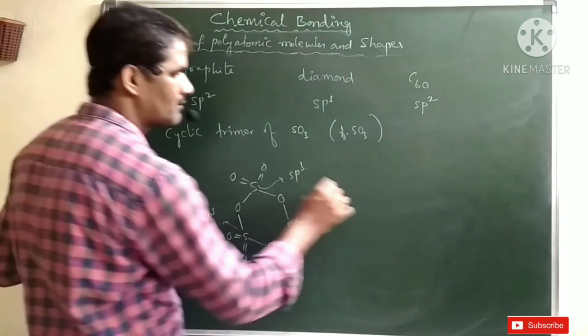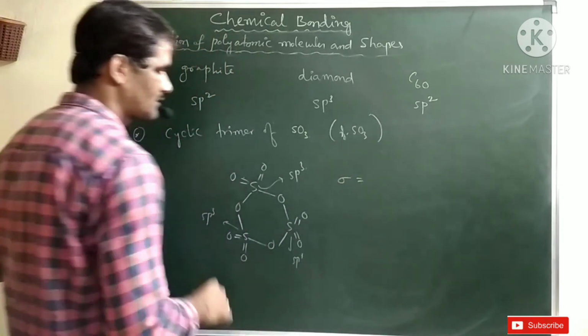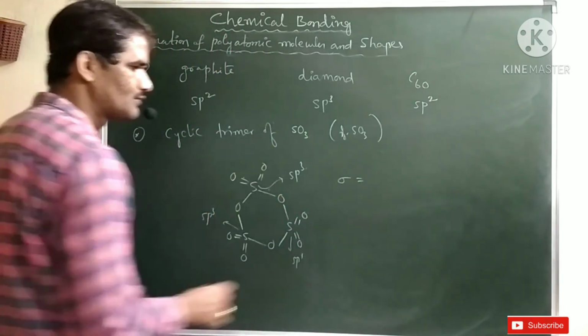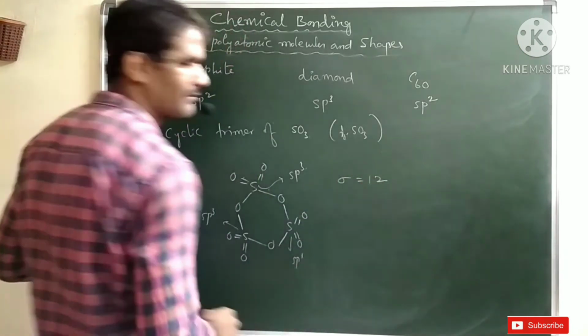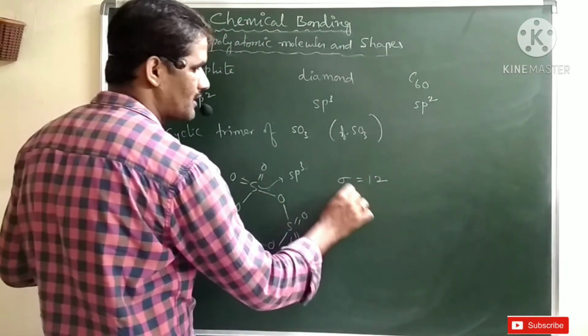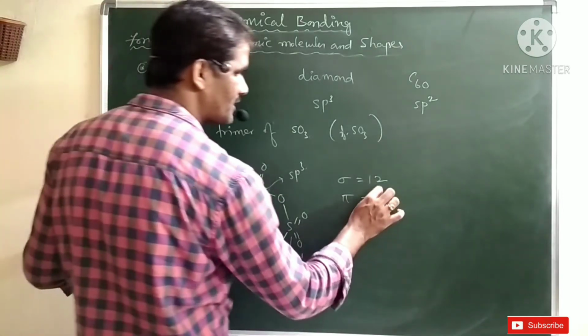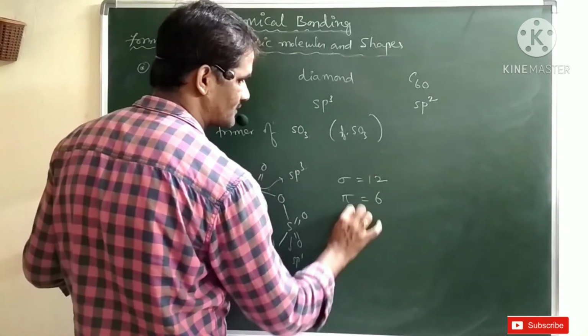Now if you see the sigma bonds here, in the cycle 6 and each sulfur again carrying 2, total 12 sigma bonds. Now the pi bonds: here each sulfur carrying 2 pi bonds, a total 6 pi bonds.